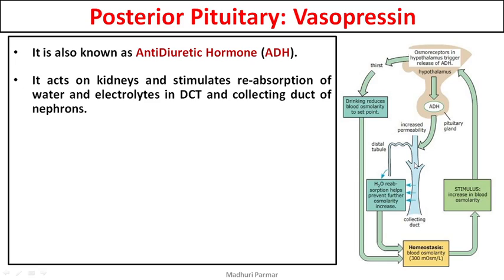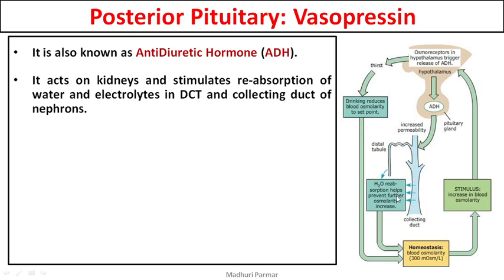Now in your nephrons, there is the distal convoluted tubule known as DCT and the collecting duct. This ADH or antidiuretic hormone will cause reabsorption of water from the DCT and collecting duct. So what will happen? Your urine will be concentrated, and your blood volume will increase.